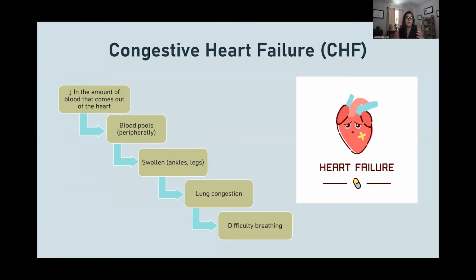Then you can get lung problems where blood starts pooling up in the lungs, and that causes lung congestion, like water, so to speak, where you will have all respiratory symptoms such as shortness of breath, tachycardia, tachypnea. You can have crackles, decreased oxygenation levels, etc. But I'm going to make the picture a little bit better in just a few slides.